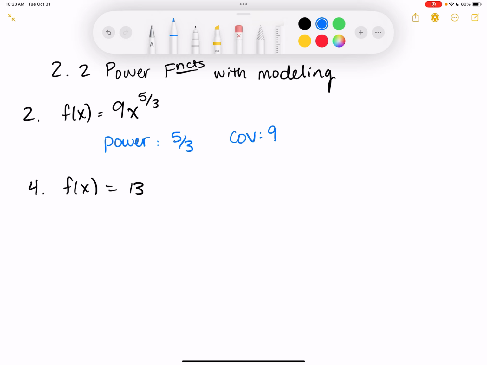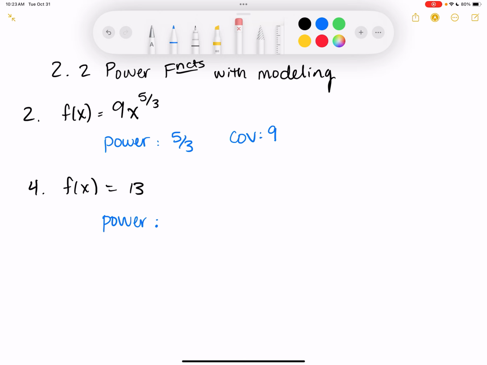What is the power though? One. No, that makes it 0. No, 1 would make it 13. 0 makes it... That's the thing. Never mind, 1 would keep it at 13. It has to be on a variable for it to be a power function, like there should be an x. x to what power would give me 13?